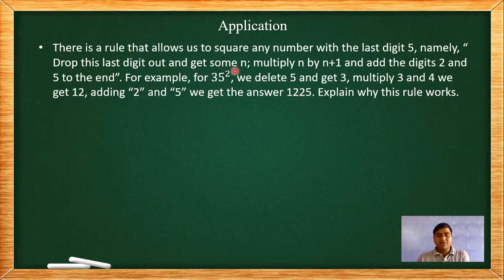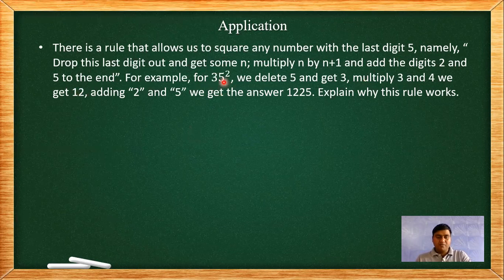and get some number n. Multiply n by n plus 1 and add the digits 2 and 5 at the end. For example, now we find 35 square.